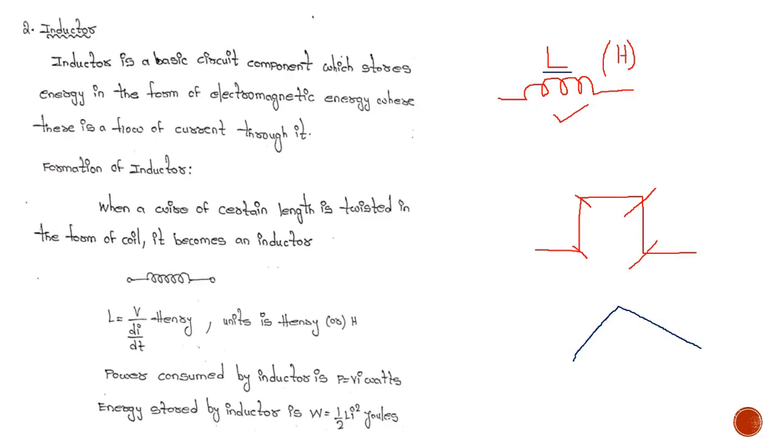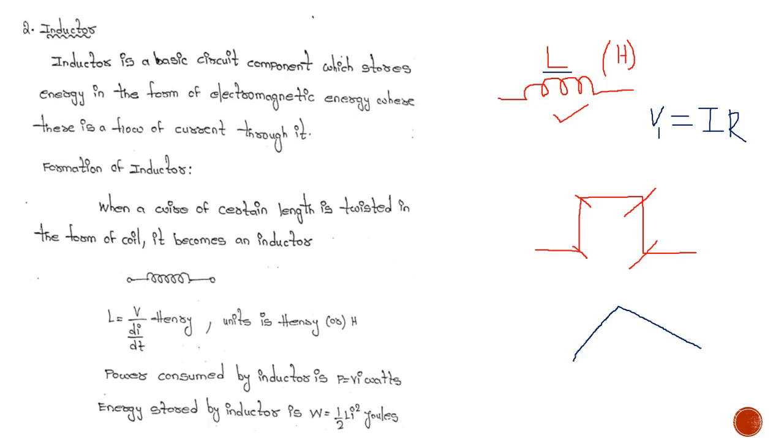As we know, we already derived the voltage drop across the resistor in the previous video, which is V is equal to I into R, right? This is the voltage drop across the resistor. This came from Ohm's law. Similarly, for an inductor also, we can get the voltage drop.